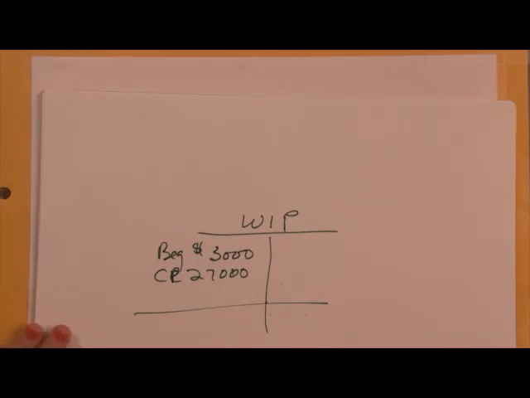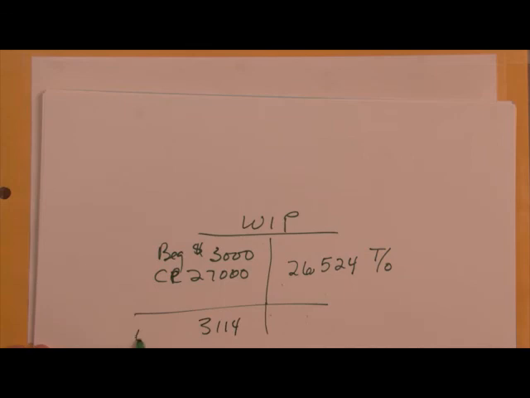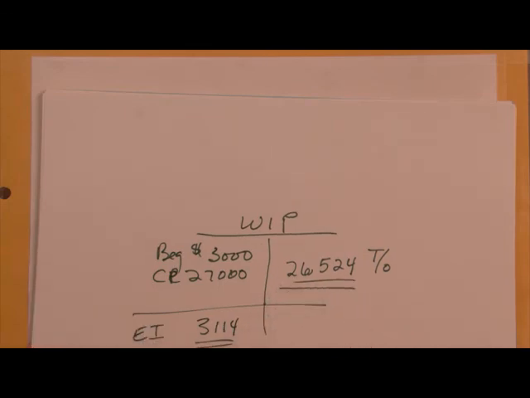But this time, the way we worked it, we are sending out 26,524 to transfer it out. We're sending 3,114 to the ending. And when you add those two back, you will see that you are short $362.